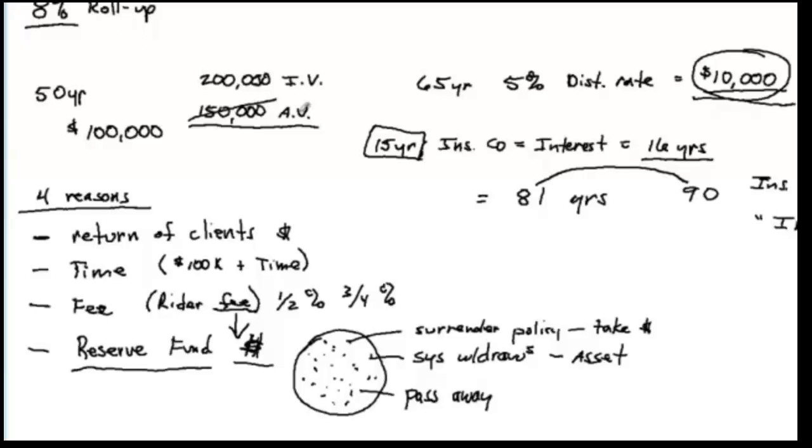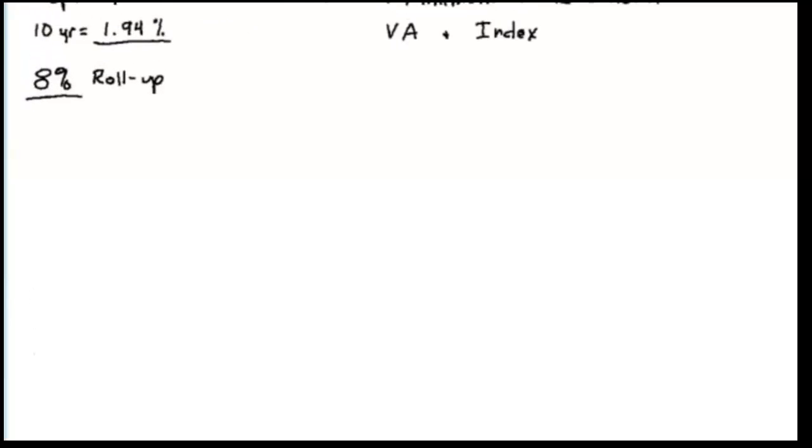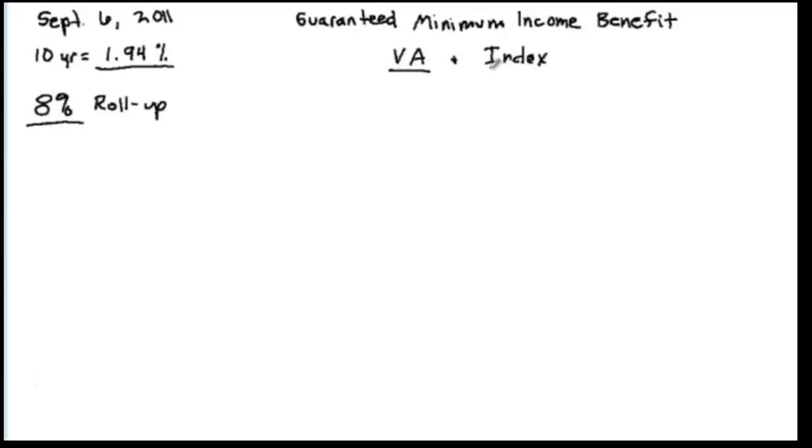Okay, so let me just pause here and get my clean board here. Hold on. Okay, so now we have a little room to work with. Let's talk about the pricing difference between a variable annuity and an index annuity. So if you're in a VA, a variable annuity, and you're using the guaranteed minimum income benefit, you're going to be put into some kind of asset allocation program, meaning 70% equities and 30% debt.